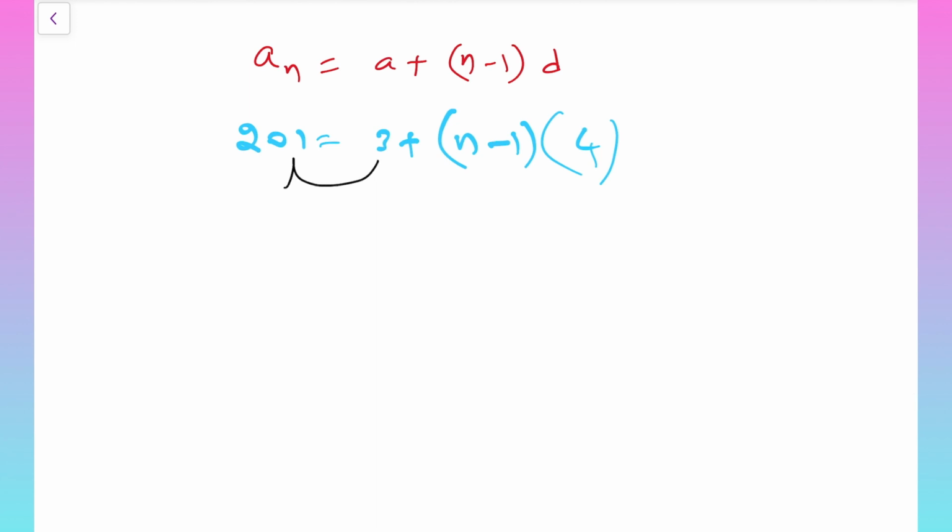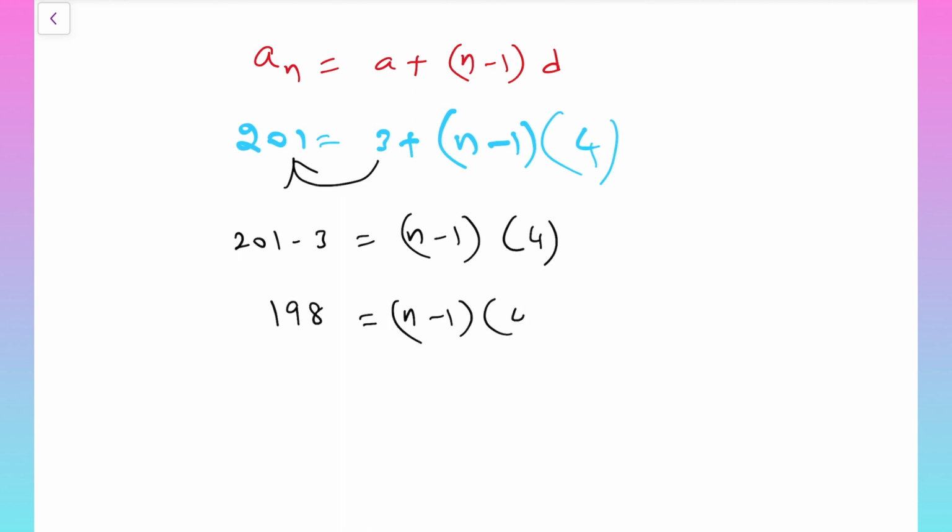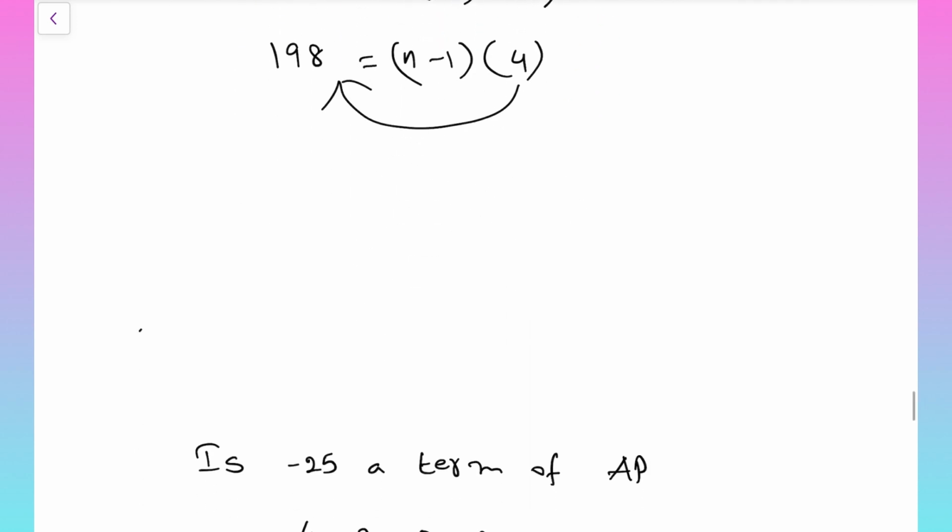This 3 I am taking to the left side, then it becomes minus, right? So 201 minus 3 is equal to N minus 1 times 4. 201 minus 3, 198 is equal to N minus 1 into 4. Now this 4 if we take to the left side, here it is multiplication, then if we take to the other side it becomes division. 198 divided by 4 is equal to N minus 1.